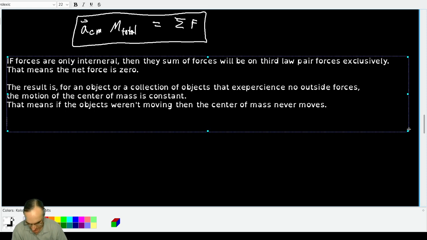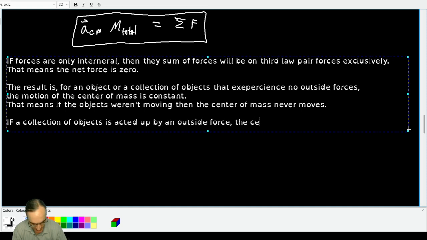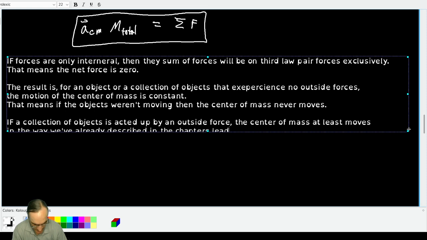And it also means if a collection of objects is acted upon by an outside force, the center of mass, at least, moves in the way we've already described in the chapters leading up to this point.